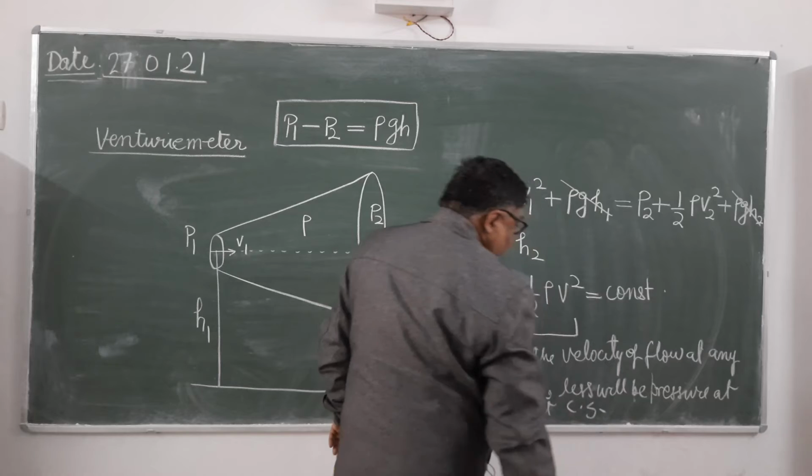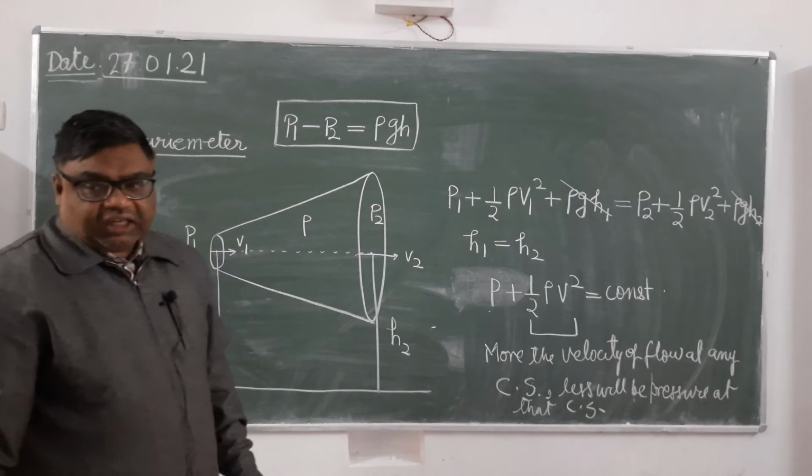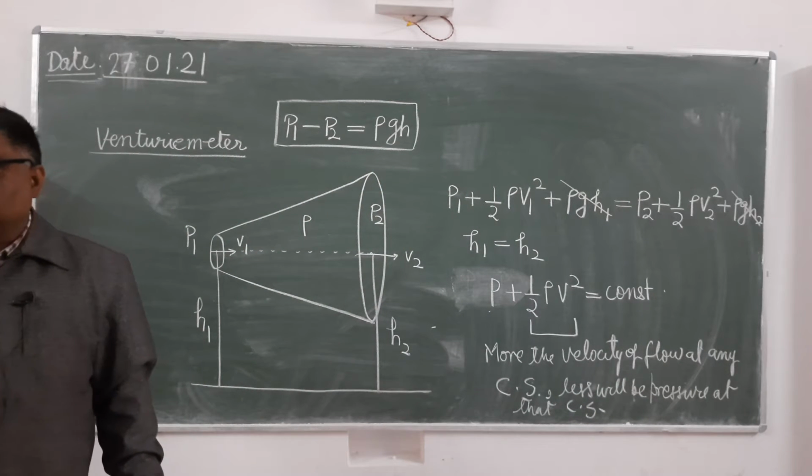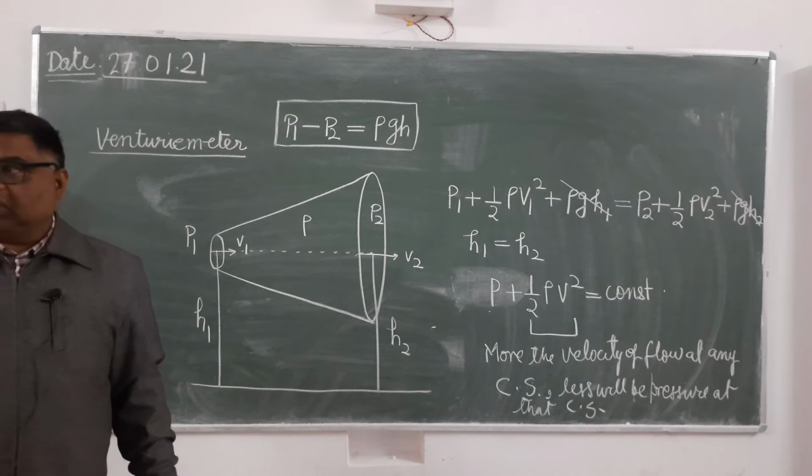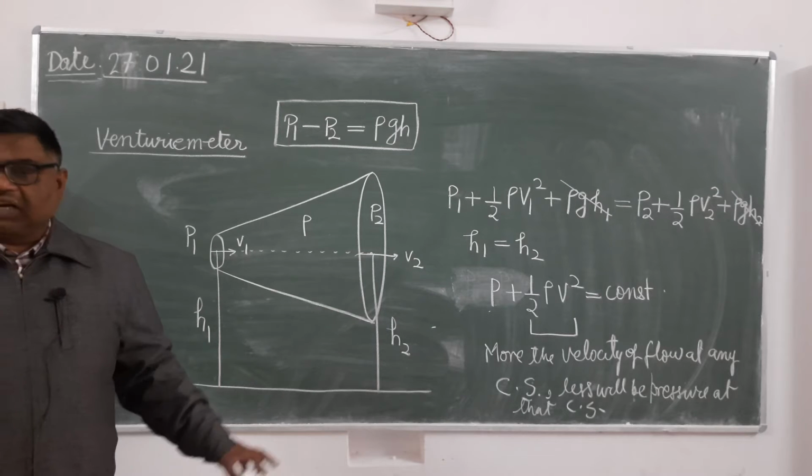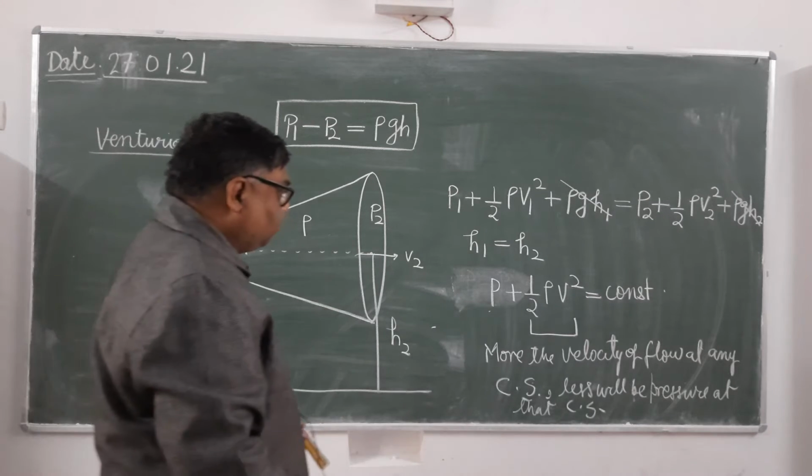It's clear? Provided the tube is arranged horizontally. If the tube is arranged horizontally, then more the velocity, less will be the pressure. Or lesser the velocity, more will be the pressure.